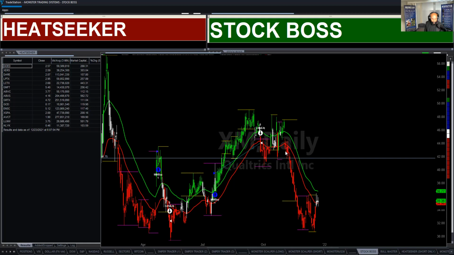So the sellers are in control now. When you got in, the sellers were in control, not the buyers. So we want to buy in this area here, in the accumulation phase.